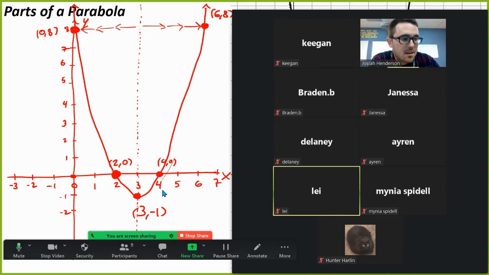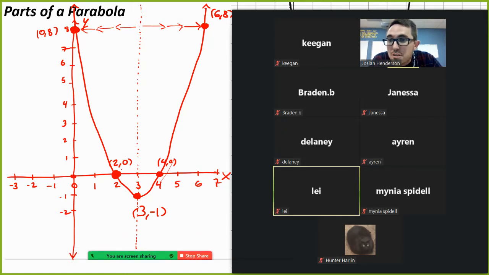And then I made two points above it at 2 comma 0 and 4 comma 0. So that's 2 to the right and no up or down, 4 to the right and no up or down. So right on the x line. Then we did 0 comma 8. That's on the top left of our picture. And from that point, we could basically do the left side of our picture.